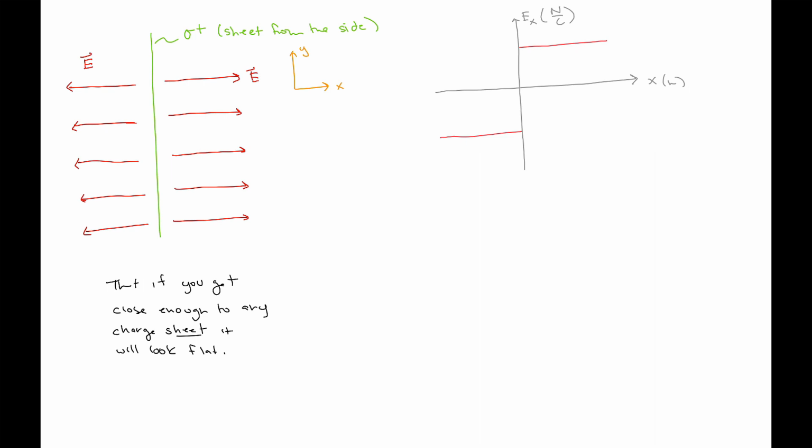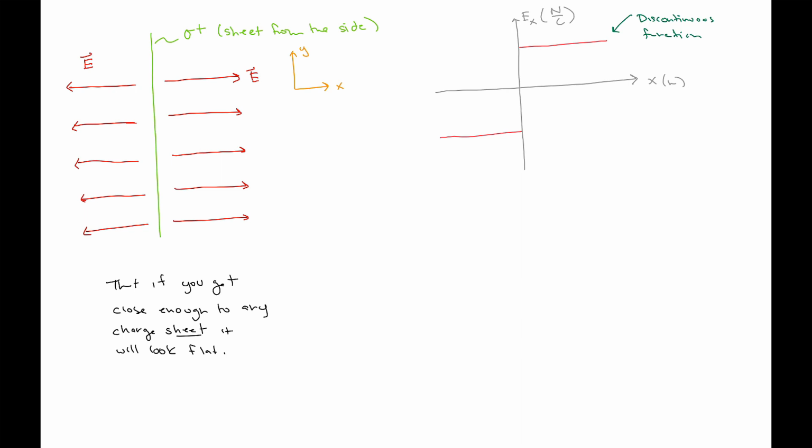So this is what it looks like for a charged sheet, and again, any sheet that I get close enough to will look like a charged sheet. I want you to notice that this here is a discontinuity. This is what we would call a discontinuous function. I did link to a Khan Academy video to recall the difference between a continuous and a discontinuous function.